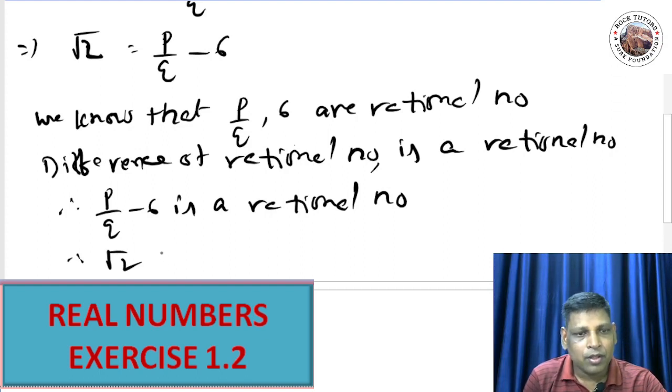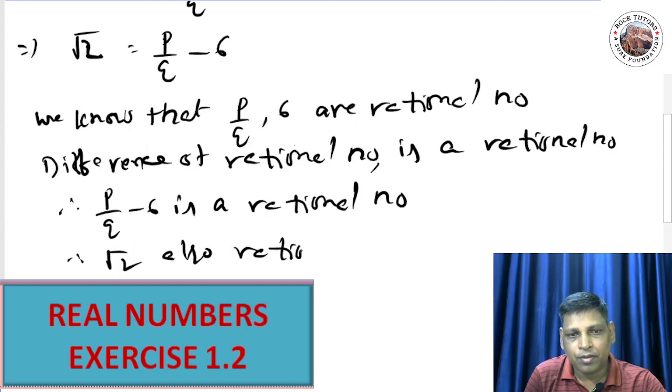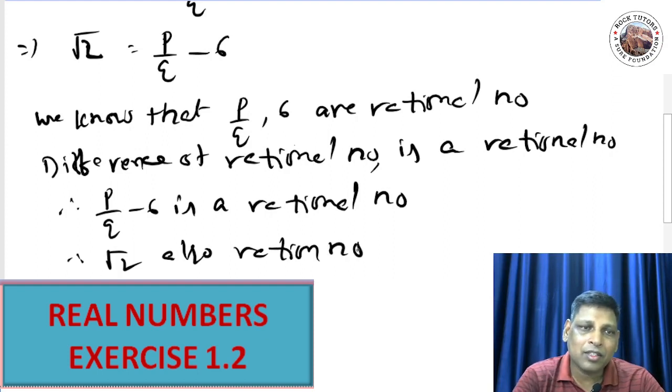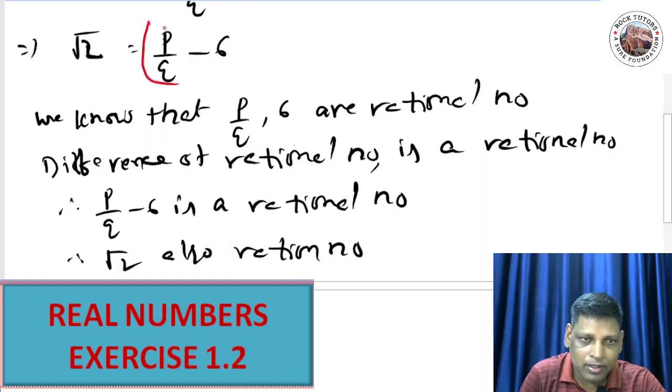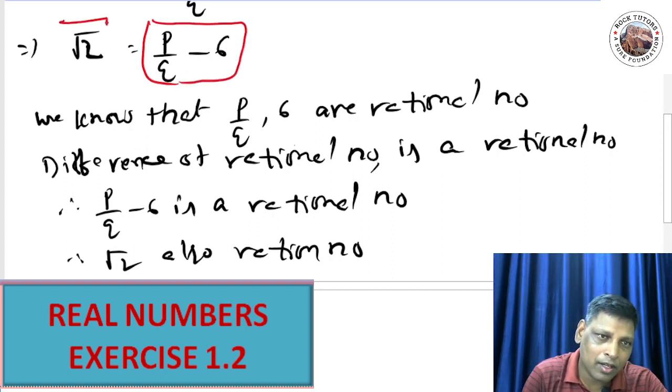Because LHS equals RHS, if the RHS is a rational number, the LHS is also a rational number.